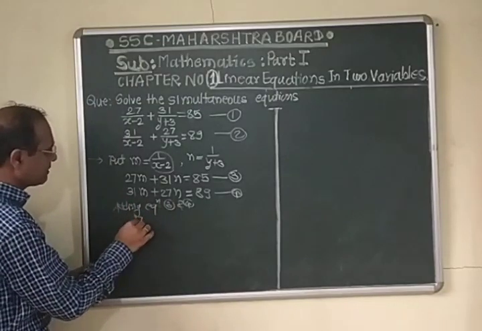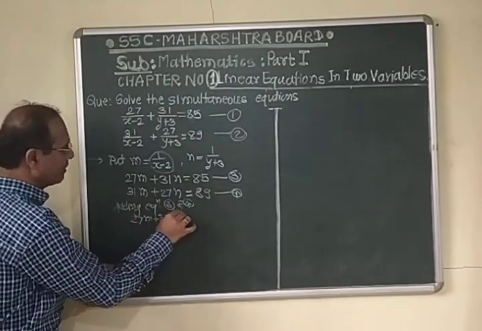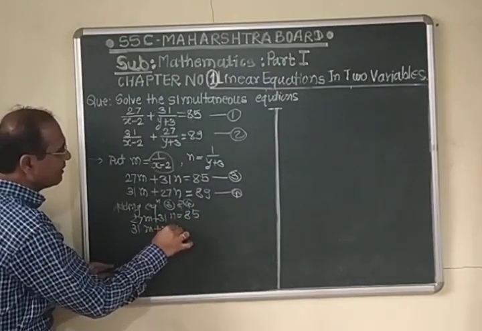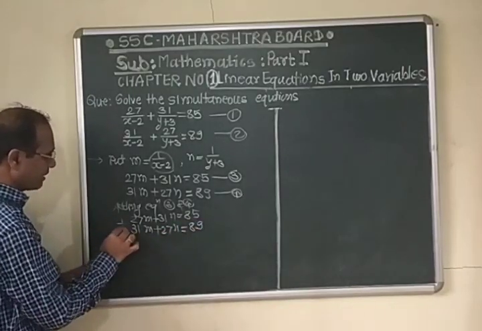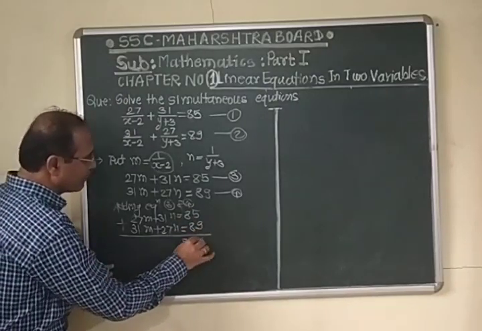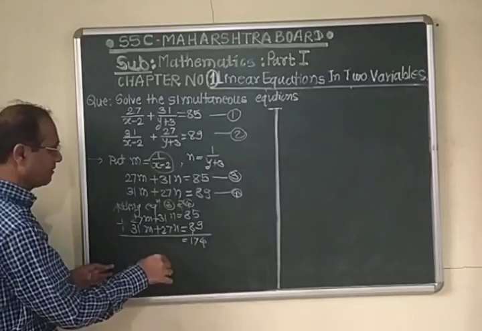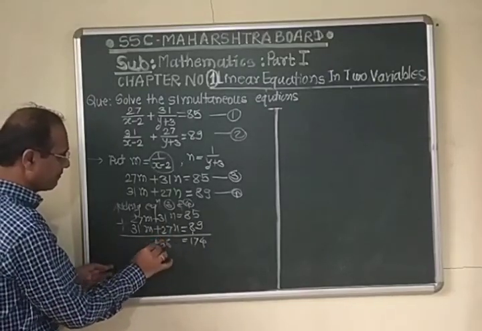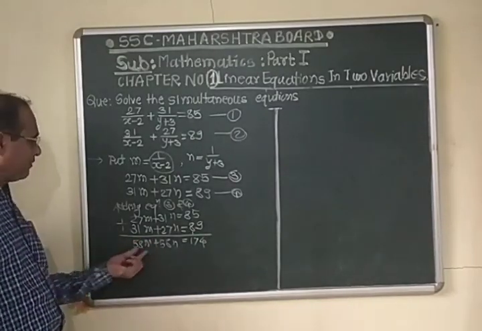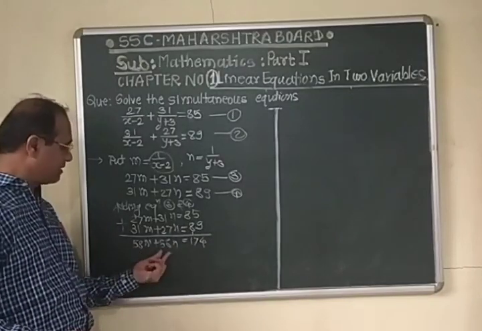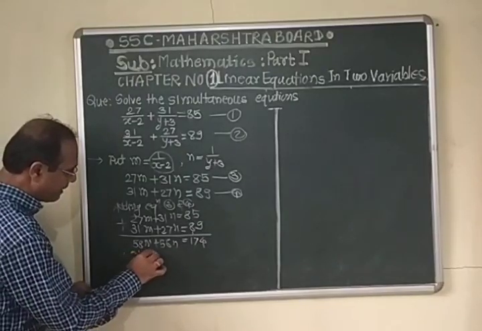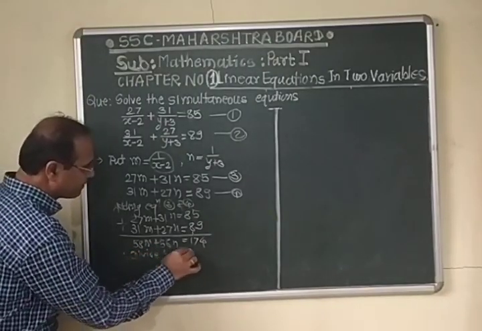We get 27m plus 31n equal to 85, and similarly the fourth equation 31m plus 27n equal to 89. Adding, we get 58m plus 58n equal to 174. Now you can observe these numbers can be divided by 58.